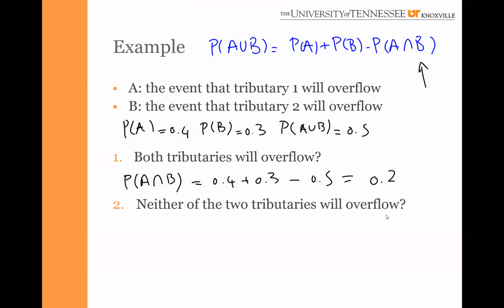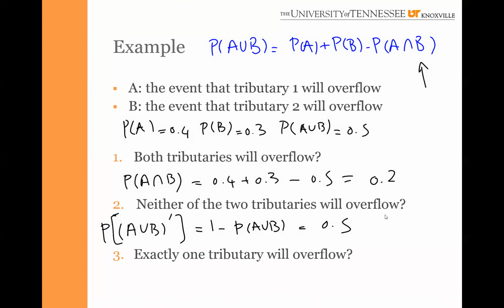So it's the complement of A union B. Right? So it's 1 minus P of A union B, which is 0.5. Make sense? Do you agree that neither is the complement of at least? Right? Then you have it.